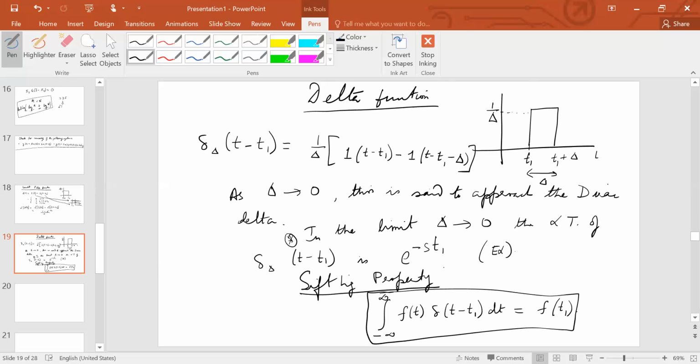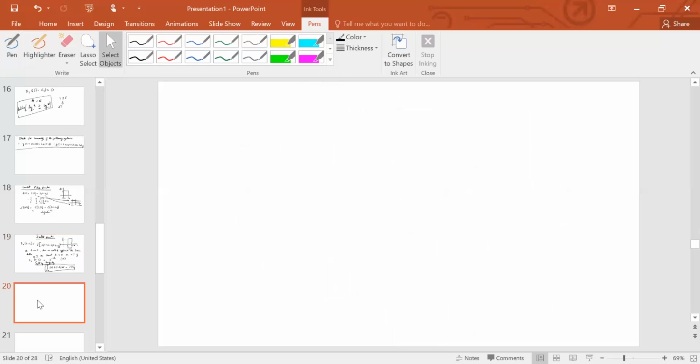Of course, if you have defined it through the limit as I have shown here, then you should be able to prove this property. So that also you should take up as an exercise and show that this is true. Of course, these are there in standard textbooks, so you can also consult them to prove these results. But I'm not going to derive all of these results.